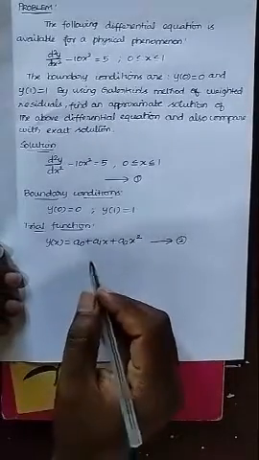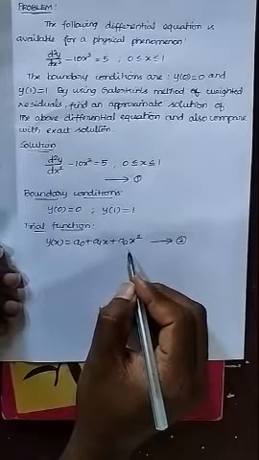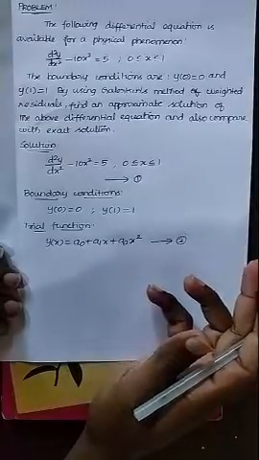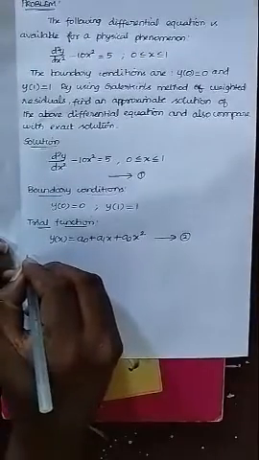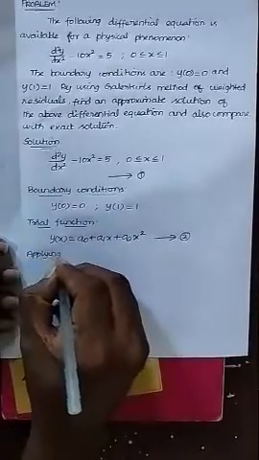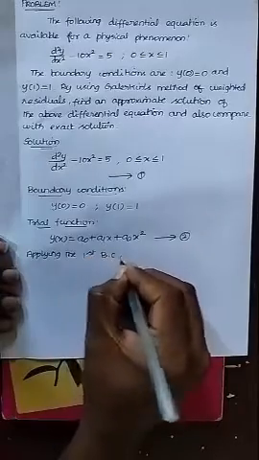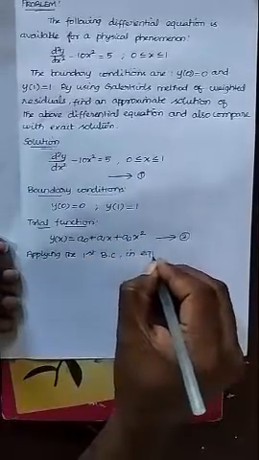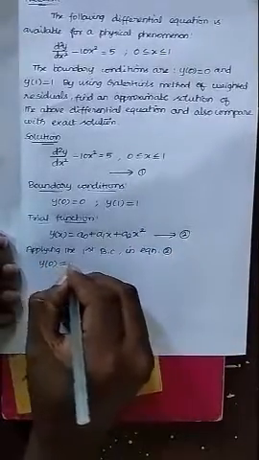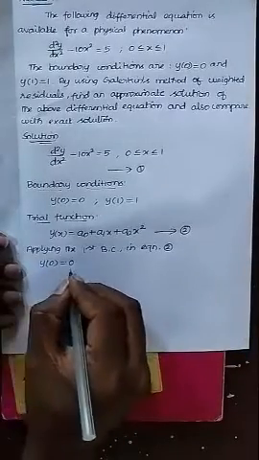So we can make this assumed trial function satisfy the given boundary conditions by substituting them. First, applying the first boundary condition in equation 2, that is y of 0 is equal to 0. That is, at x is equal to 0, the function y will be equal to 0.